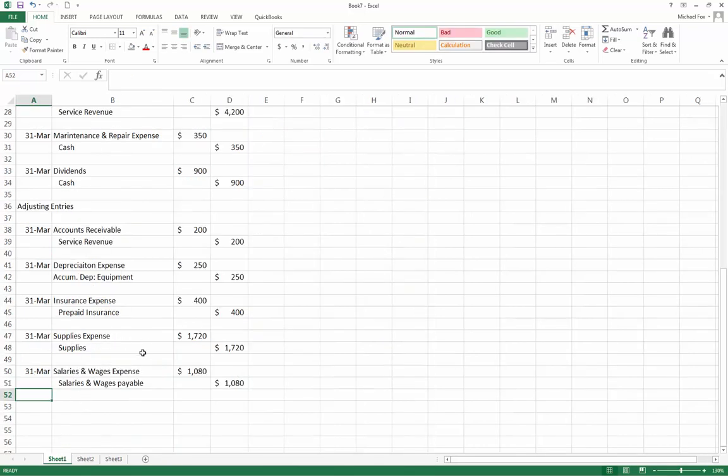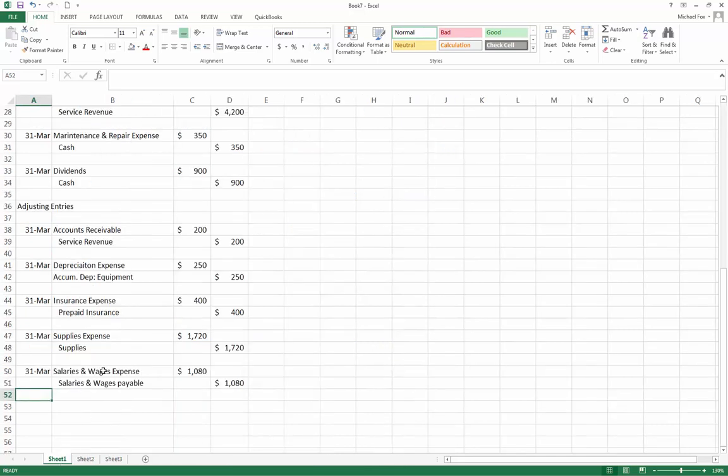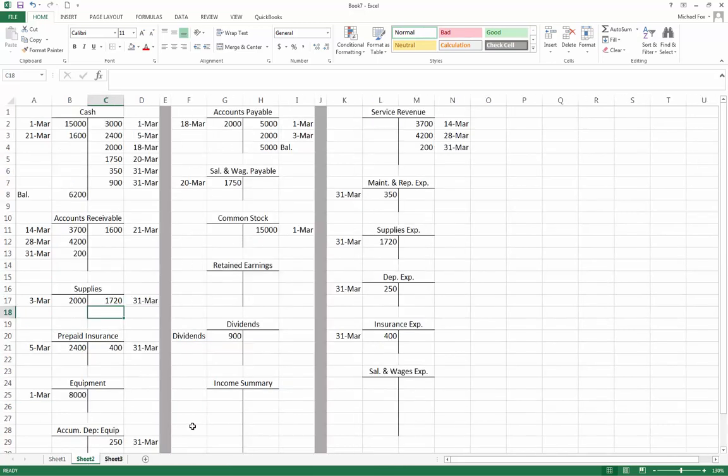Supplies expense debited 1,720, supplies credited 1,720. So supplies expense and supplies are credited. And then the last one was salaries and wage expense of 1,080 and salaries and wages payable of 1,080. And the payable, salaries and wages payable.